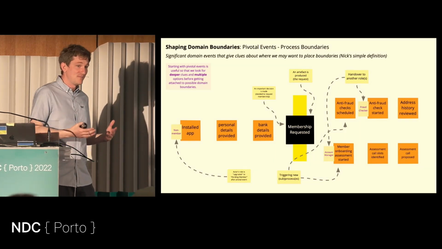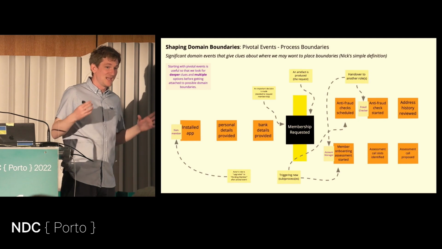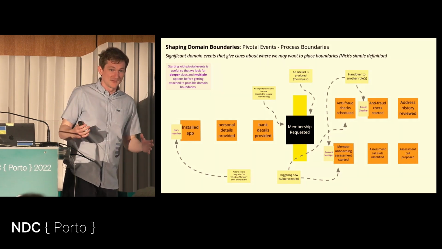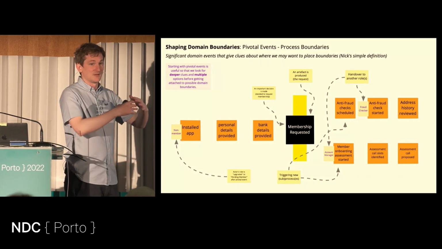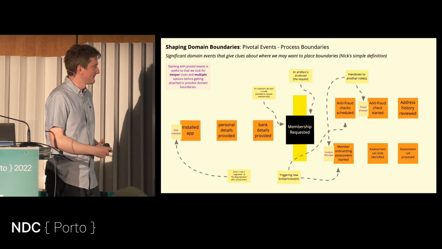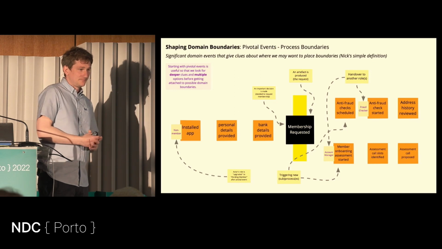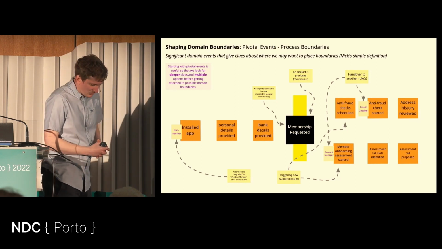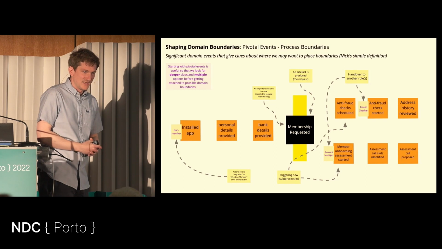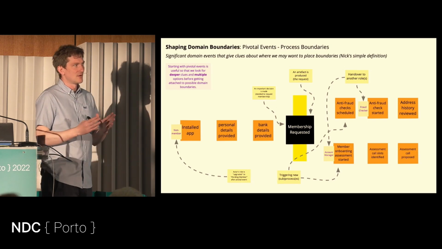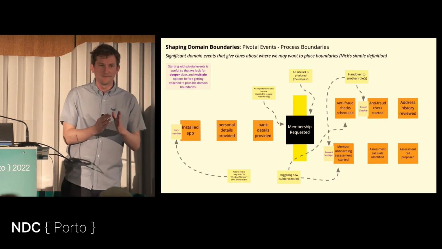So once you've mapped out your business with event storming, that's when we start identifying boundaries. These boundaries will become our team boundaries and software boundaries. So we have this concept called a pivotal event. It's a simple concept, but I sometimes struggle to explain it, so I'll start with a simple definition first.